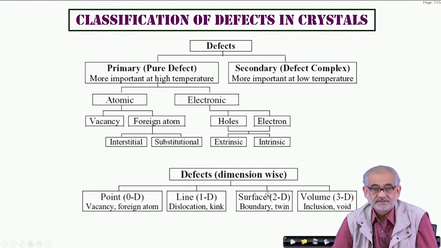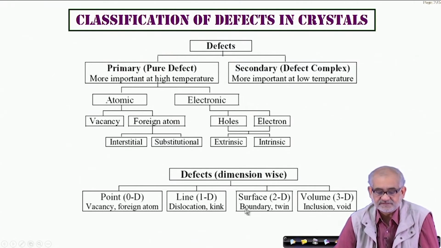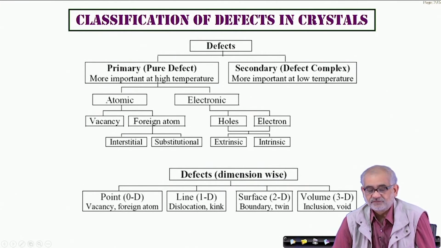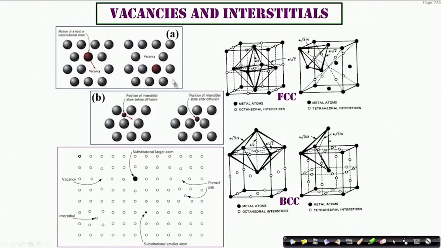This is basically the terminology which is used as per convention. So all point defects are considered as 0 dimensional defects. Line defects, like dislocations and kinks, are called 1 dimensional defects. Surface defects are 2 dimensional defects, and finally, you can also have volume defects, which are typical examples would be inclusions, voids, and so on.